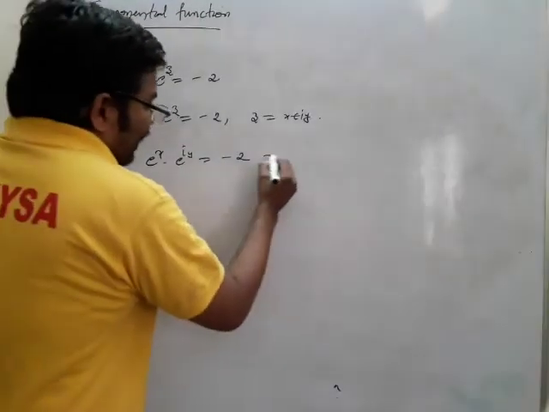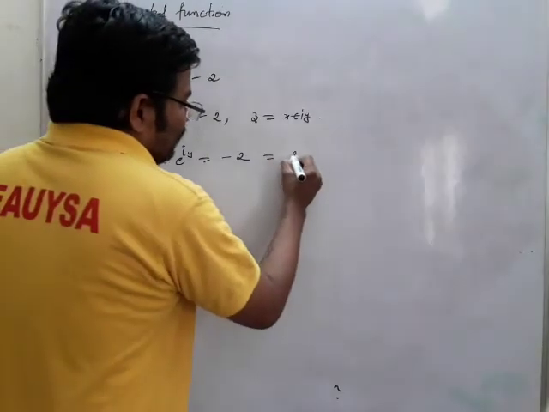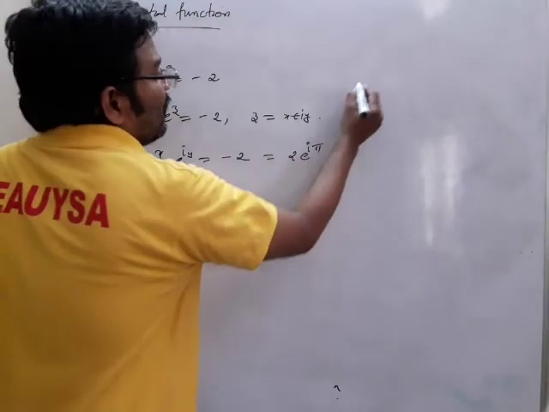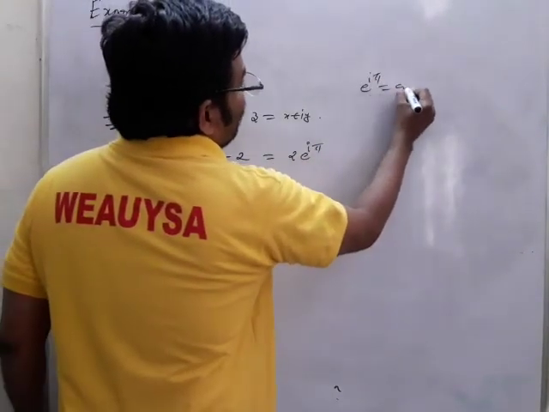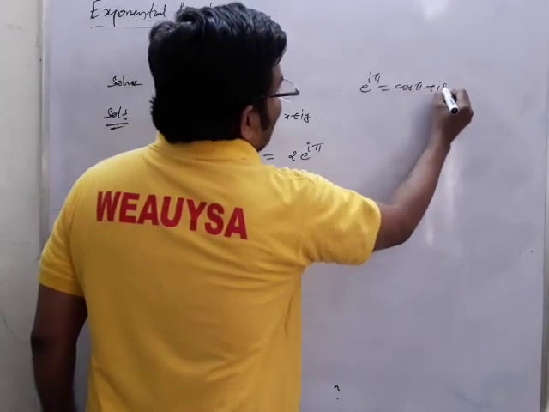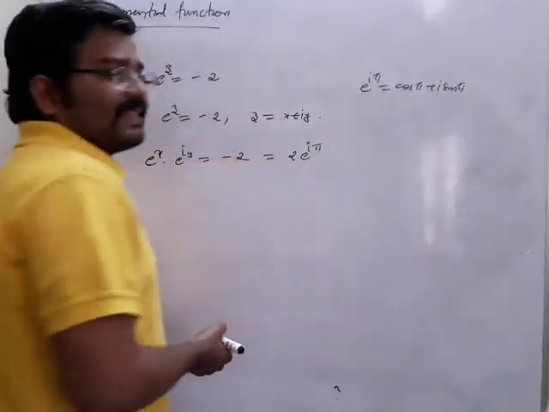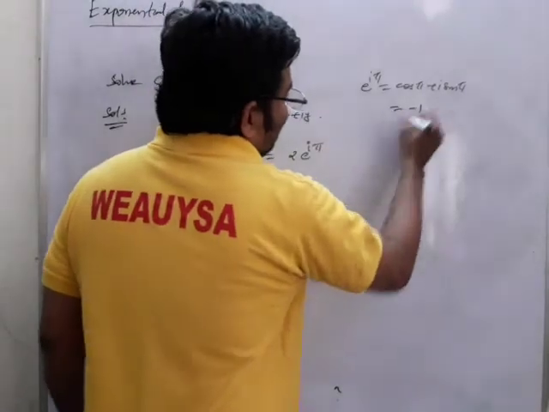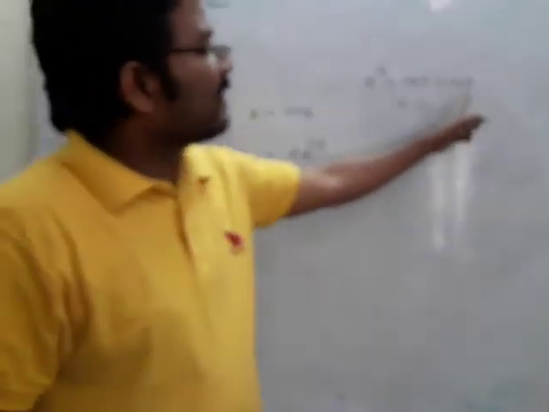Okay, so this I'll write as 2 into e^(iπ). Now e^(iφ) is equal to cos φ plus i sin φ. So cos φ plus i sin φ, this is nothing but -1. Cos φ is -1, and sin is anyhow 0.